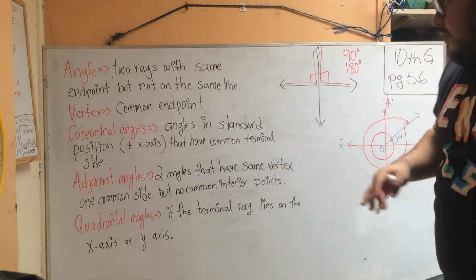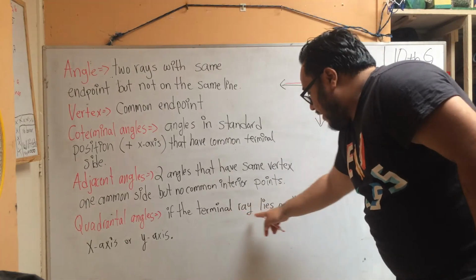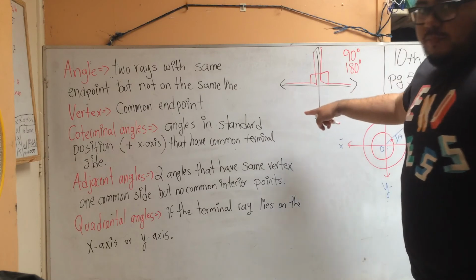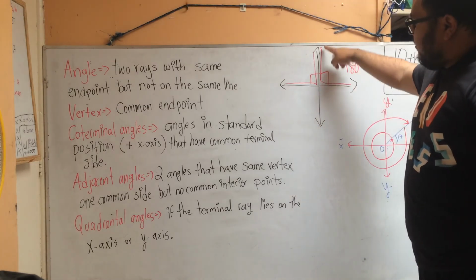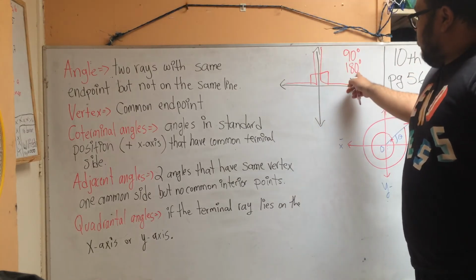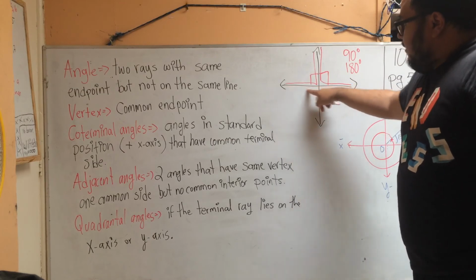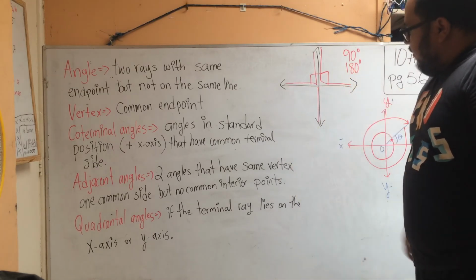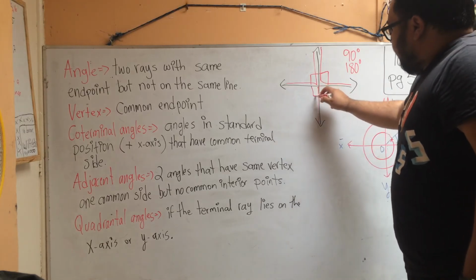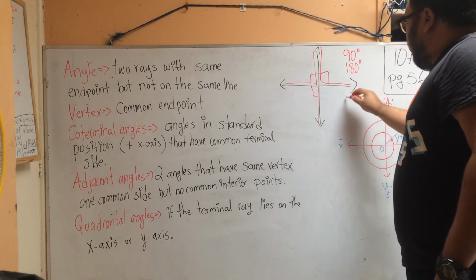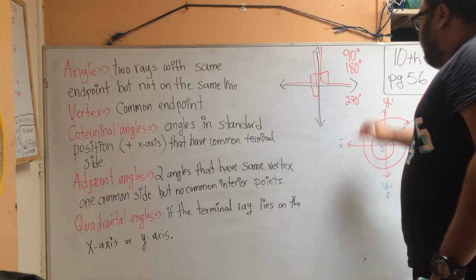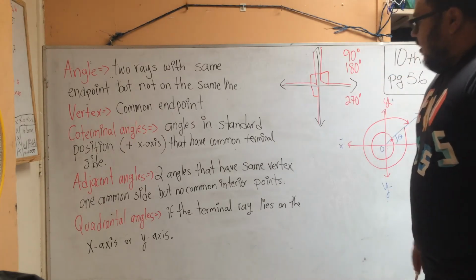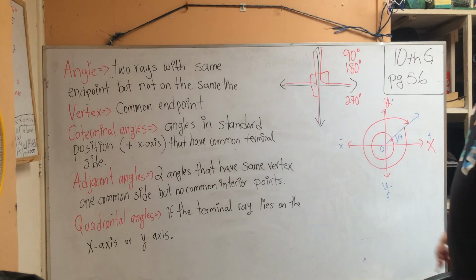So that's why the definition says if the terminal ray lies on the x or y axis, because here the terminal ray is going to lie on this positive y-axis. If we do 180, it lies on the negative x-axis. If we go on this side until this angle, we have 270 degrees, because the terminal ray lies on the negative y-axis.